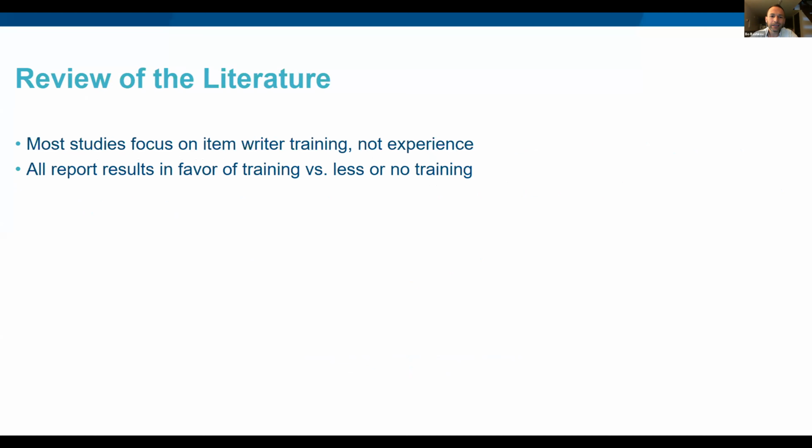Most of the literature in this area is focused on item writer training, which is fundamental, absolutely necessary, but not much has been done on experience. As far as training is concerned, all reports are in favor of more training compared to less training or no training whatsoever.